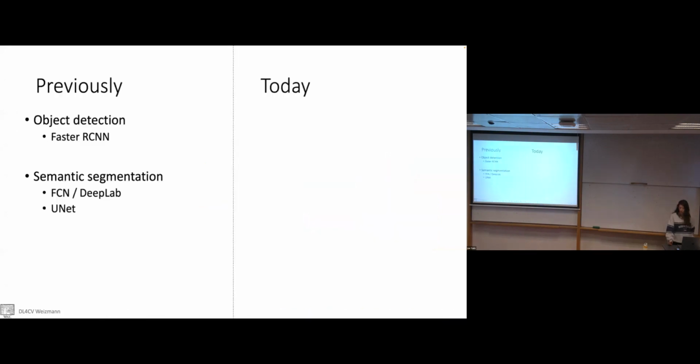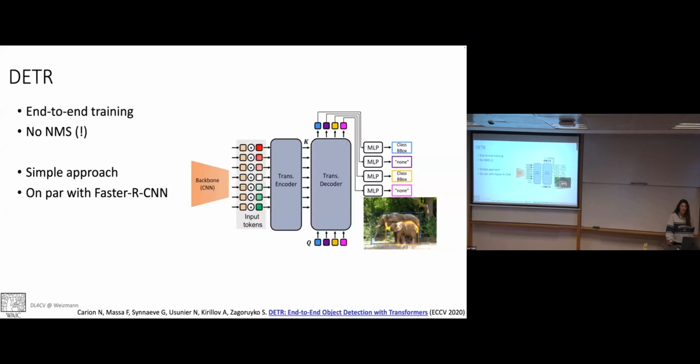What is NMS? It's non-maximum suppression, which you need for thresholding, also for Faster R-CNN and for YOLO that we saw. Here there's no need for thresholding, just predict the sets and that's it.